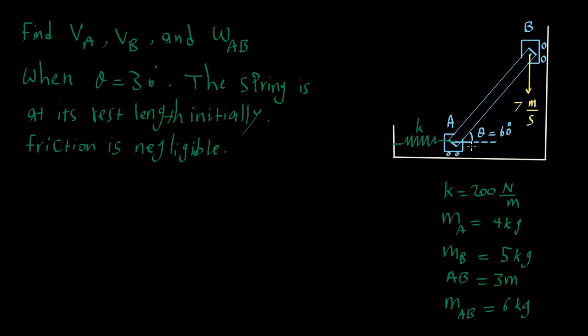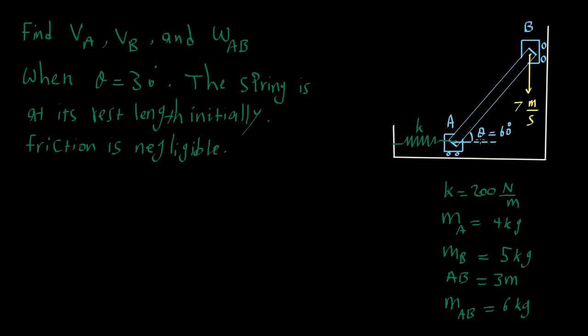So far in this course, we have been able to analyze this problem if we didn't consider any mass for the link AB. But here you can see that the link AB has a mass. So this is where the rigid body comes into this problem.